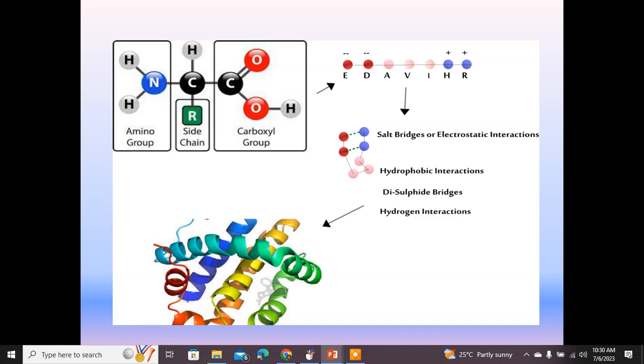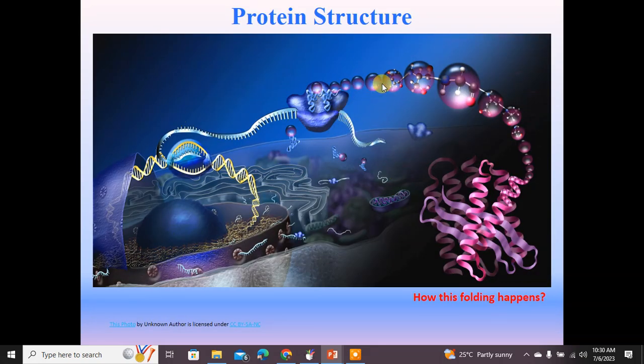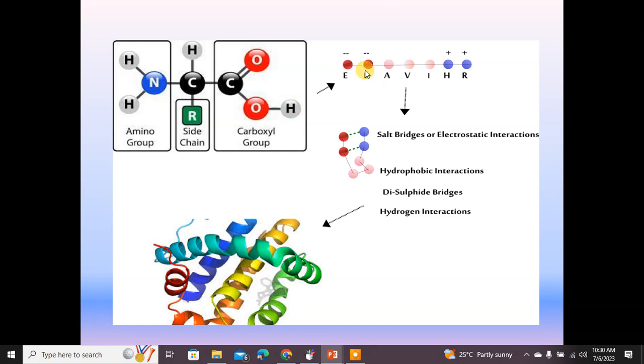Upon the generation of the primary sequence, you will have this kind of structure, which we call the primary sequence of a protein, or primary structure of a protein, as some people also call it.